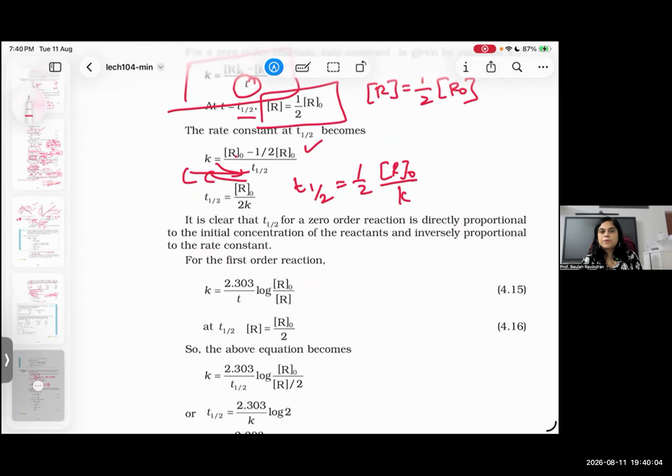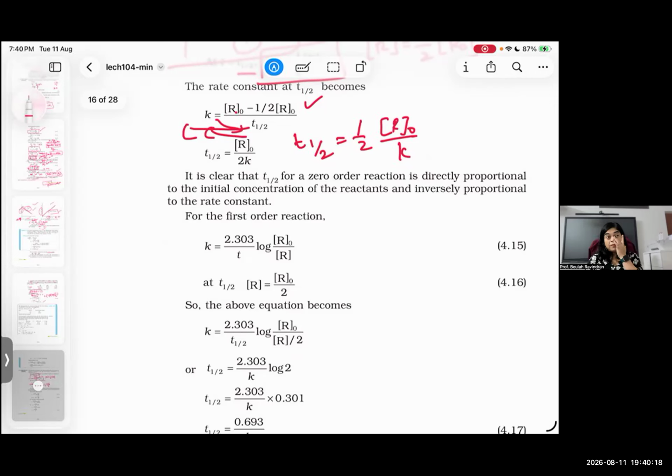It is directly proportional to the initial concentration. It's very great, right? And inversely proportional to the rate constant. You'll be asked like that, keep it in your mind. This is the way you'll be asked in one word: for T half of a zero order reaction, how it depends on the initial concentration and rate constant.